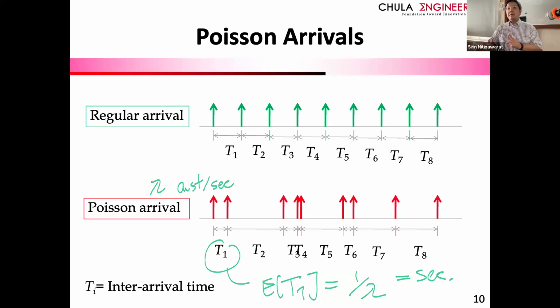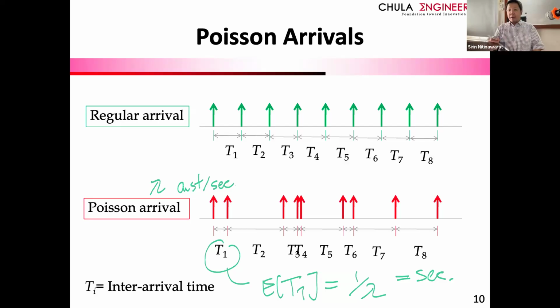This means that roughly speaking, on average, one customer is coming in every 1 over lambda second. So what is the incoming rate? It's 1 over 1 over lambda, so that's lambda. That should make sense, right?